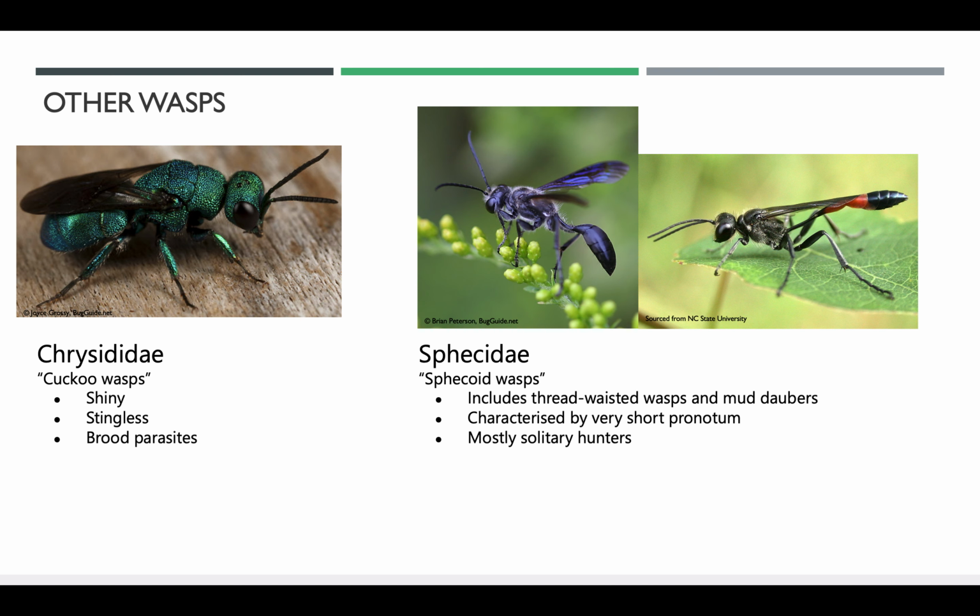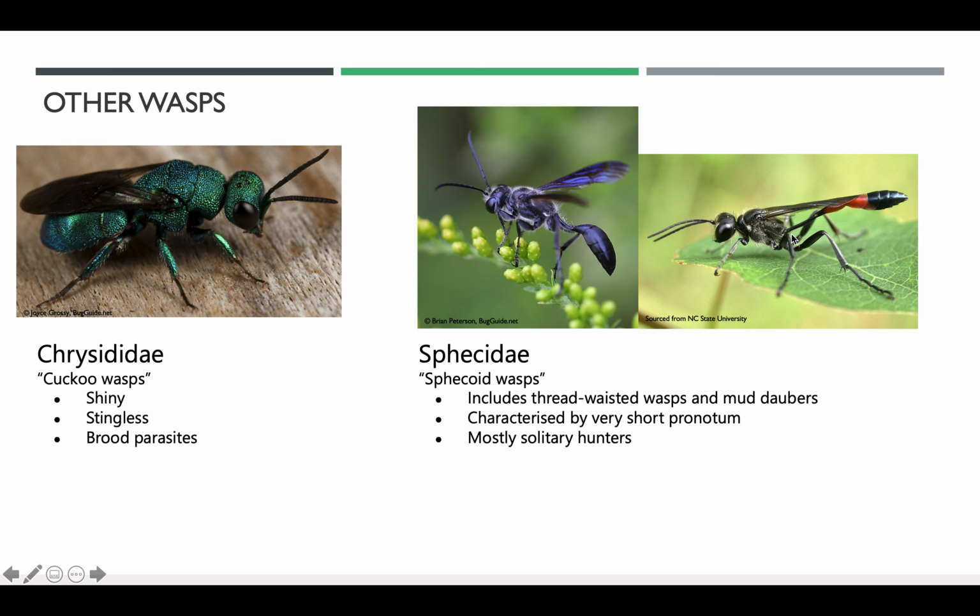Other wasps, just quickly, these are cuckoo wasps. I wanted to bring these up because they're so pretty and green, and they're among my favorite wasps. And sphecoid wasps here are these little thread-waisted wasps. We saw those Ichneumon or Darwin wasps a few slides ago, and they had really slender abdomens. These have almost no abdomen in the beginning here.